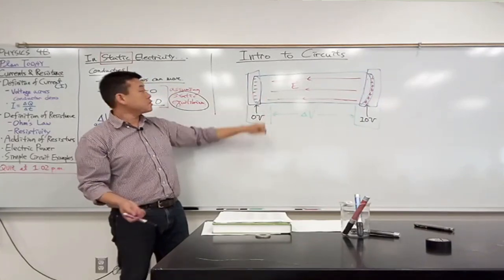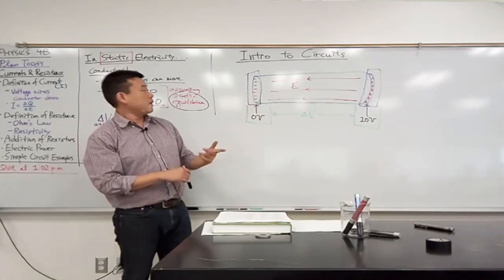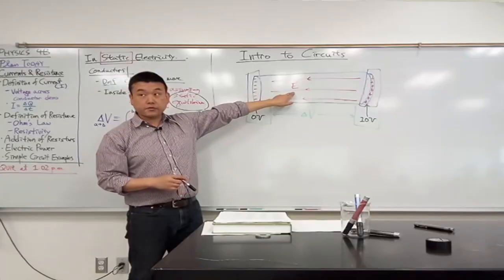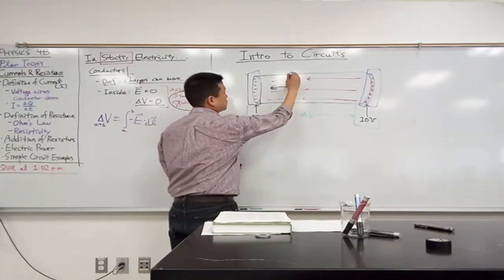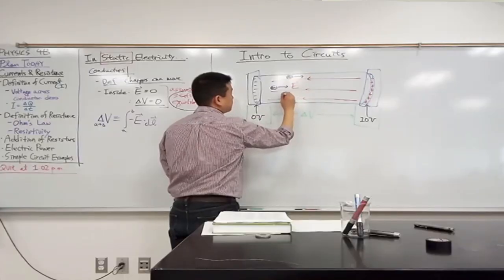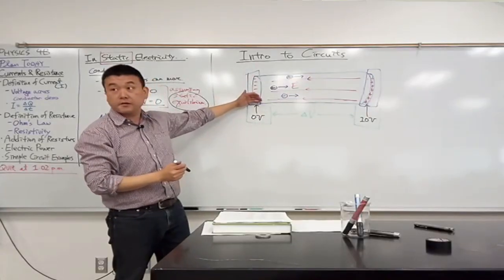They move, right? These negative charges will feel a force from this electric field, so they will start to move this way. Negative charges will start to move to the right here. In other words, you are losing negative charges here.